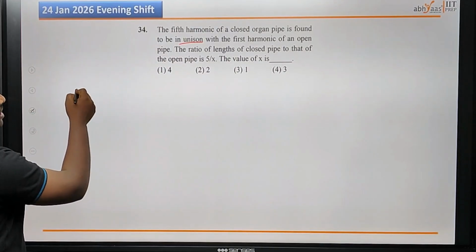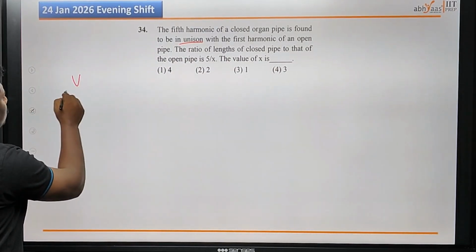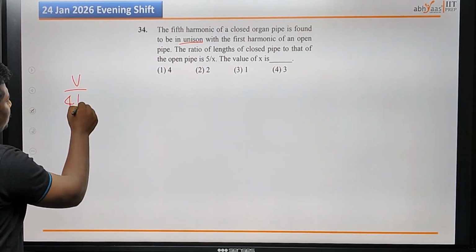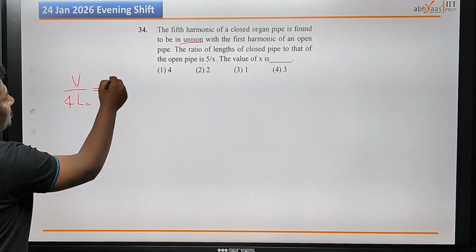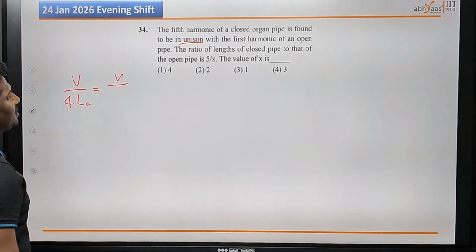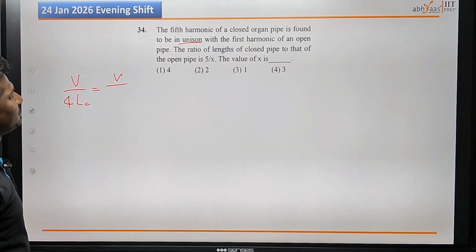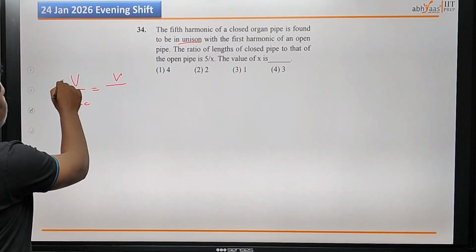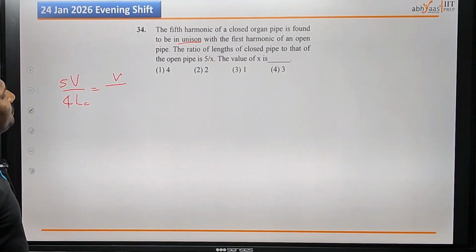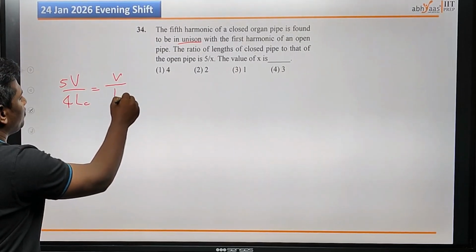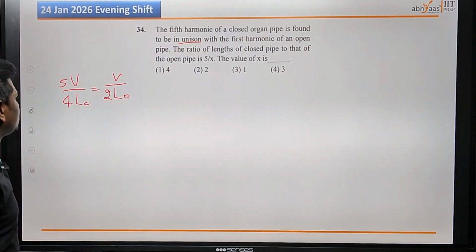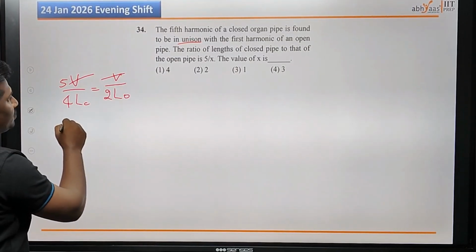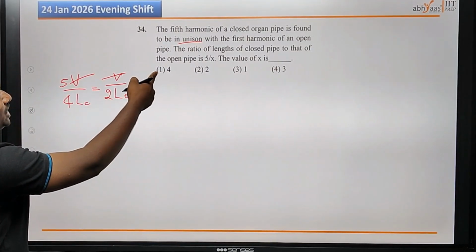For the closed organ pipe, the fifth harmonic of the closed pipe is equal to the first harmonic of the open organ pipe. So what is the ratio of lengths?